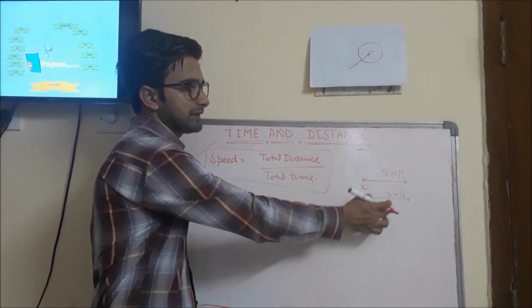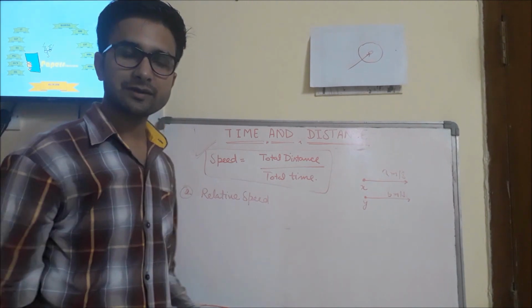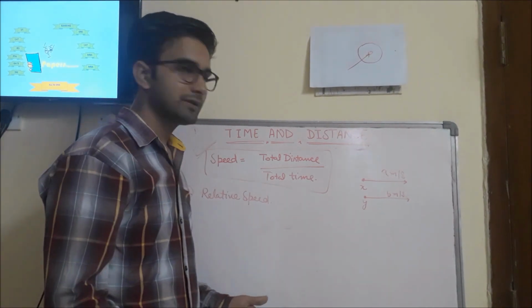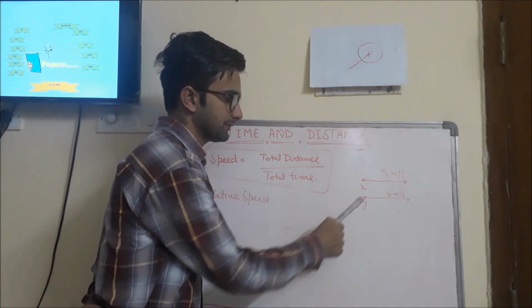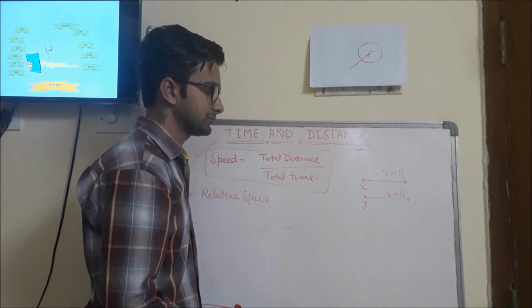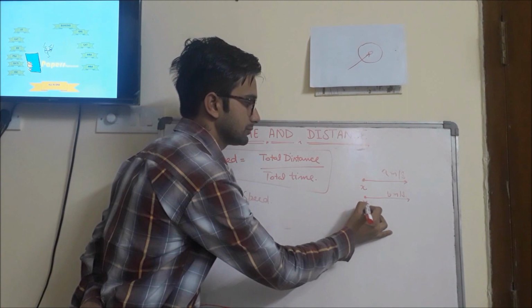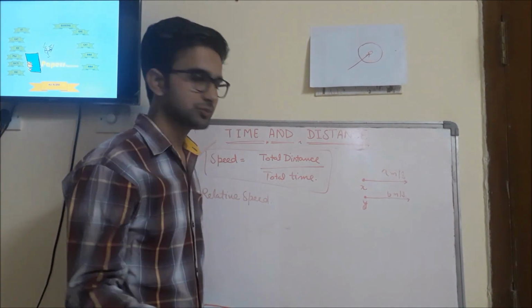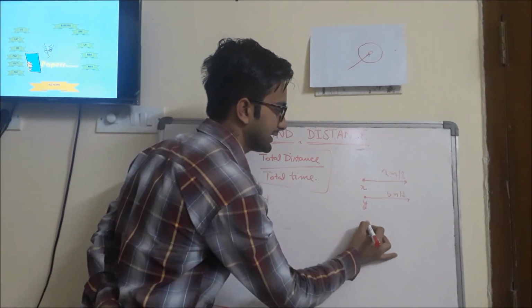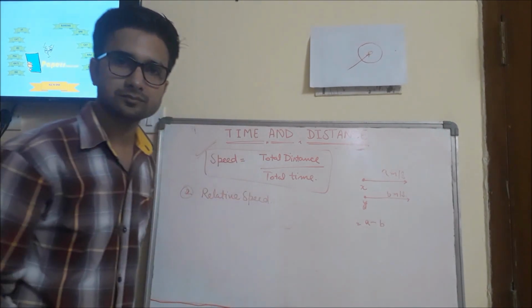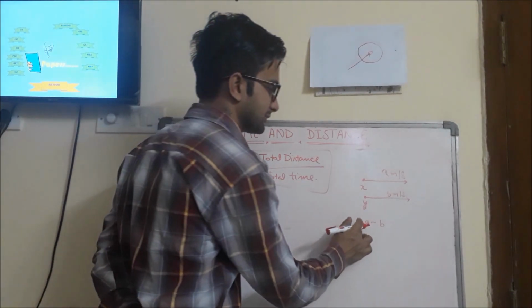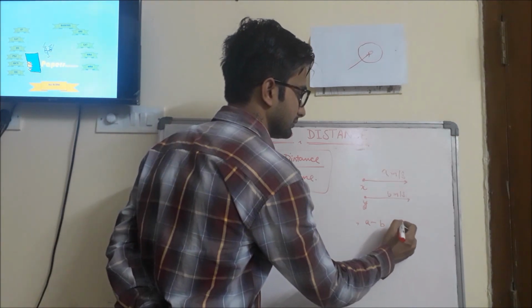Since both are moving in the same direction, if I ask you what the relative speed between these two is, then from y's perspective the relative speed will be a minus b, and vice versa from x's perspective, b minus a.